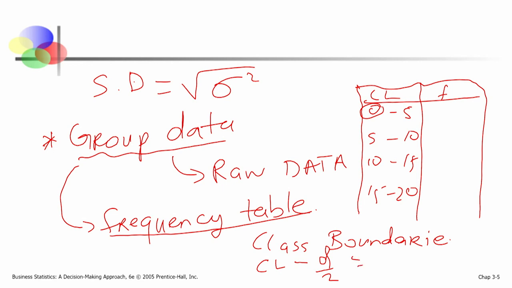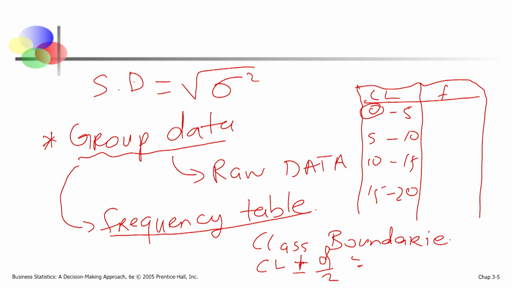And the number you'll get here is your lower class boundary. If you're looking for your upper class boundary, then you need to add. You say class limit plus the difference between the diagonals divided by 2.